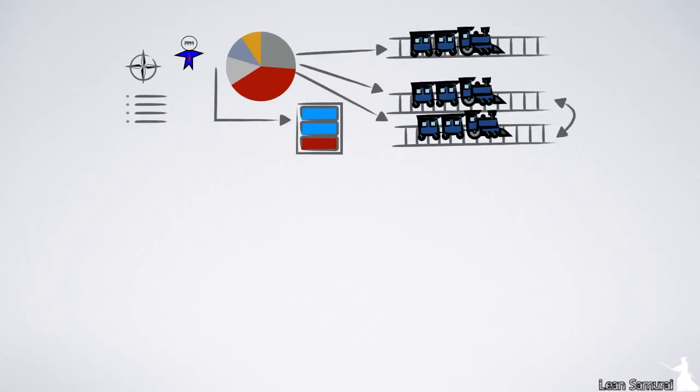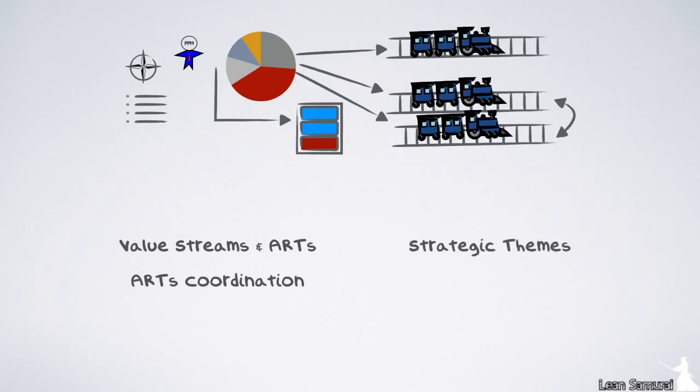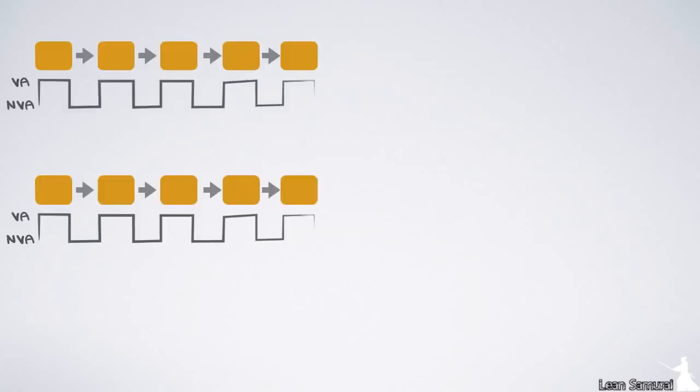The portfolio level also has some big changes in this release. First, the graphic has improved and tells a much more streamlined story of the program portfolio flow. The changes include a better explanation of the relationship between value streams and ART coordination, strategic themes, and lean agile budgeting. 3.0 makes it clear that the portfolio is built up of one or several value streams, each one delivering solutions to the market.